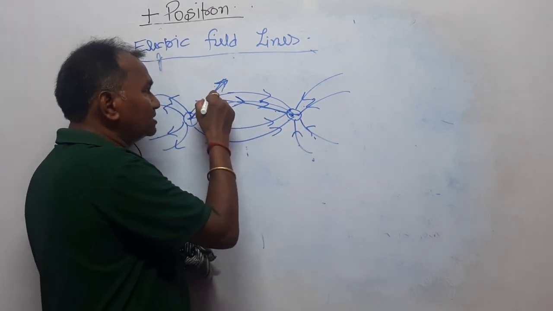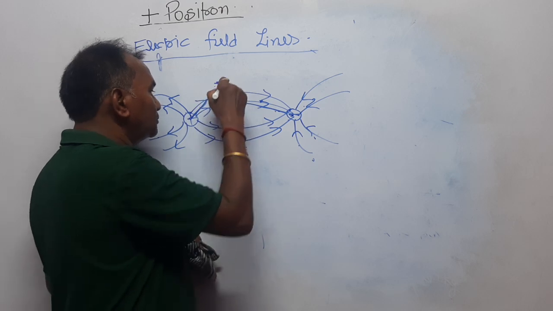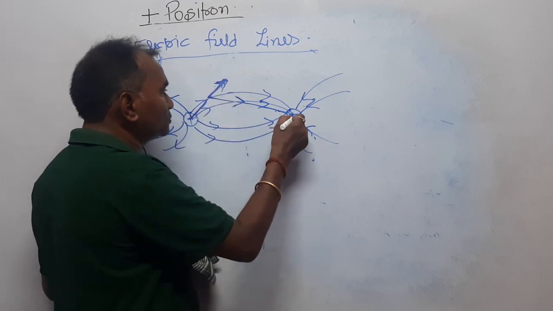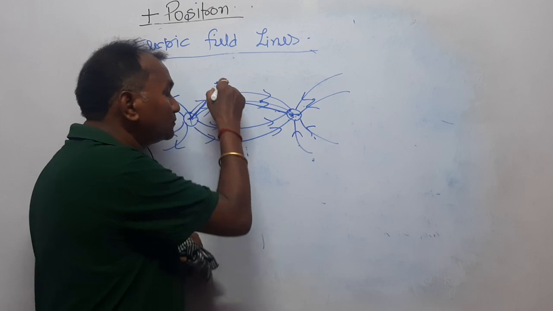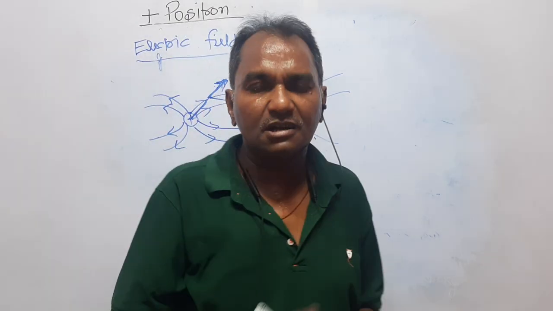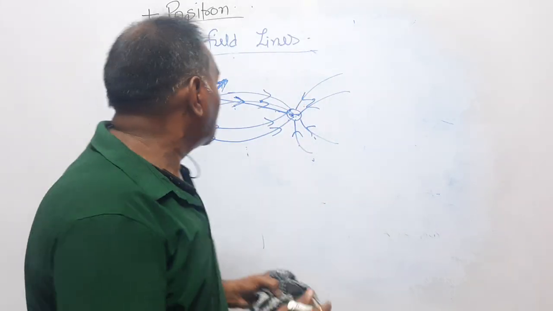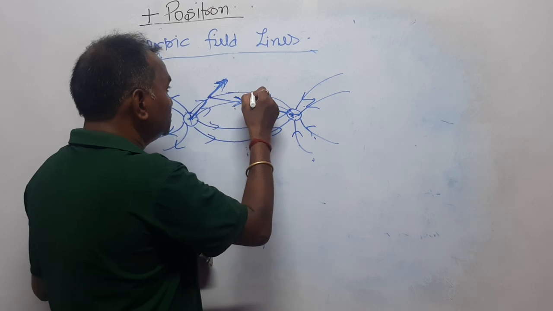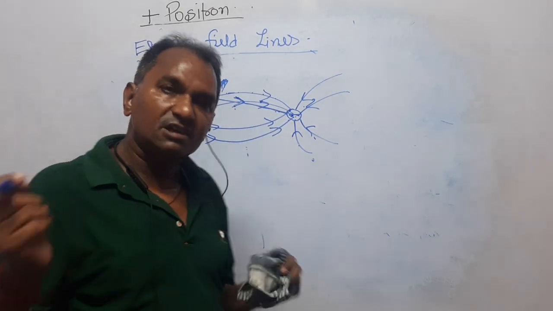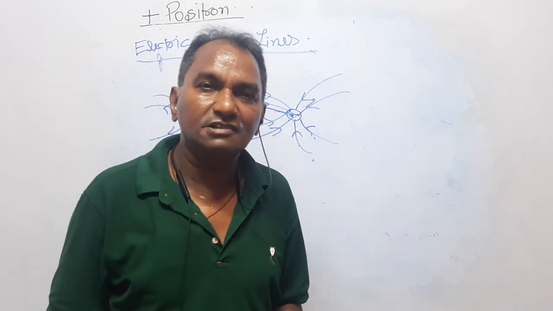At this very point, the direction of the field due to the positive charge is this and due to the negative charge is this. Now you have to consider the vector sum of the two fields. So at these points, you are considering the vector sum of the fields.